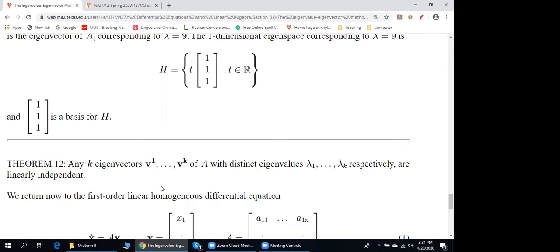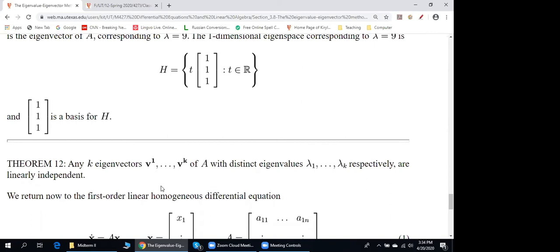In simple words, we start with a square matrix A. We find all distinct eigenvalues. For each eigenvalue, we find the corresponding eigenspace. Then we pick an eigenvector from each of these eigenspaces.